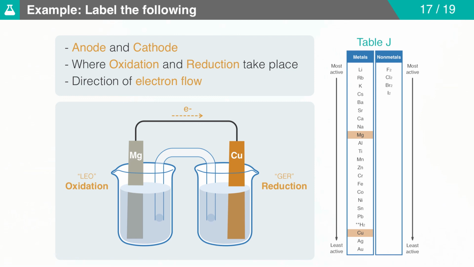AN OX, RED CAT, so anode, cathode. And again, if we want to label the signs, electrons are flowing to the positive end and coming from the negative end. And red cat gets fat. This electrode is going to increase in mass, and the magnesium will decrease in mass.